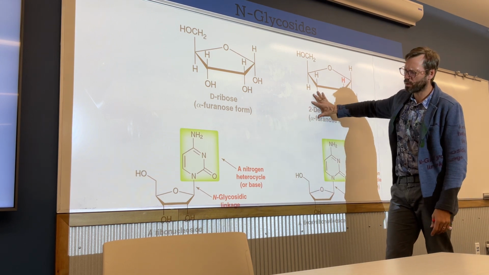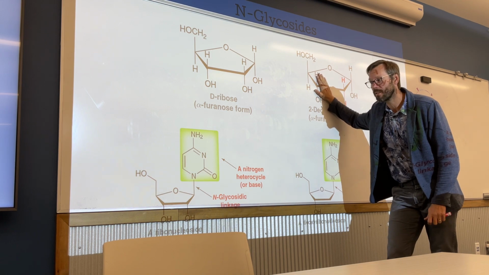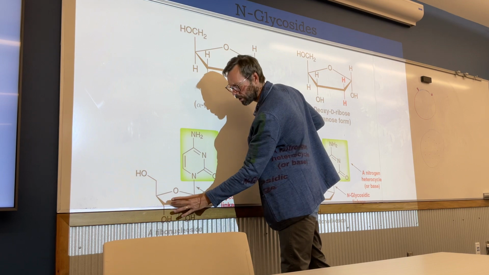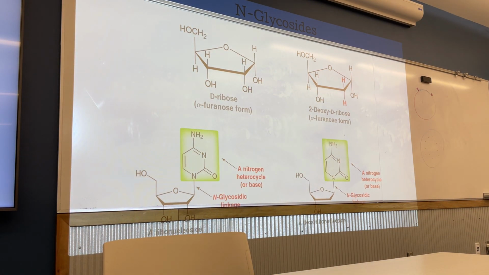I'm rushing through this stuff because this is really just kind of a primer for nucleic acids. But suffice it to say, when we have a sugar here, this is a ribose, and we put a nucleotide on it, right? Then now we have an amino sugar.